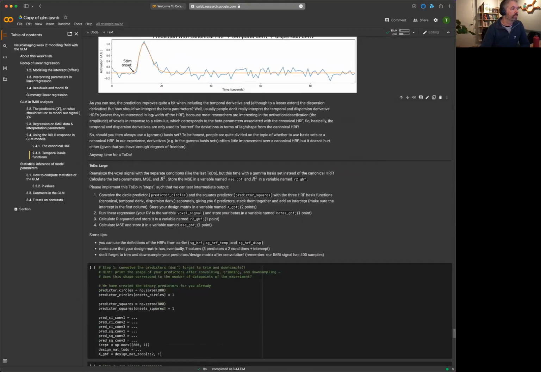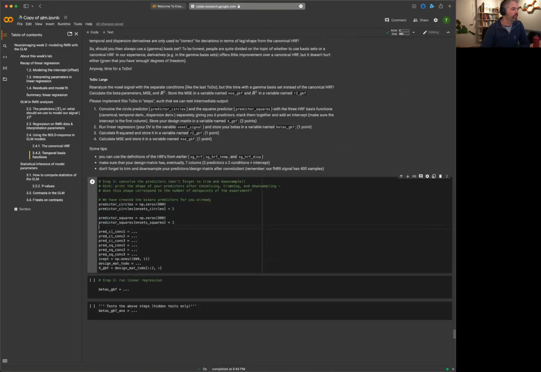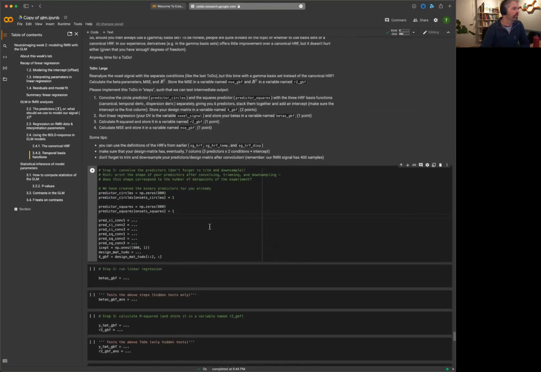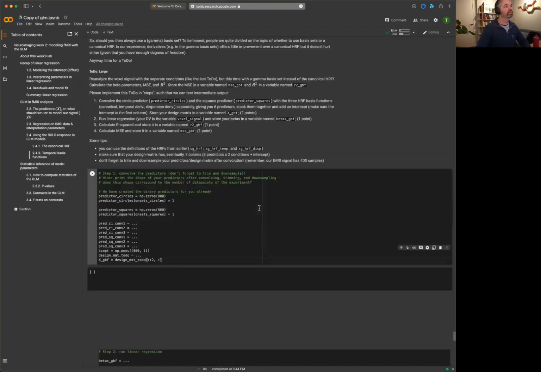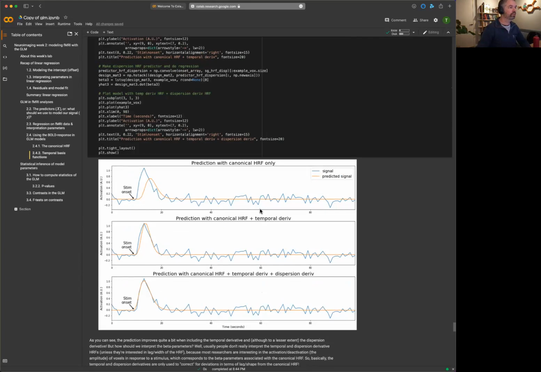So this one you want to go through yourself. We want to convolve these predictors for squares and circles with the different HRFs, then get the betas and so forth. So what I'm going to do is go through this. You might hear my brain start to crackle.